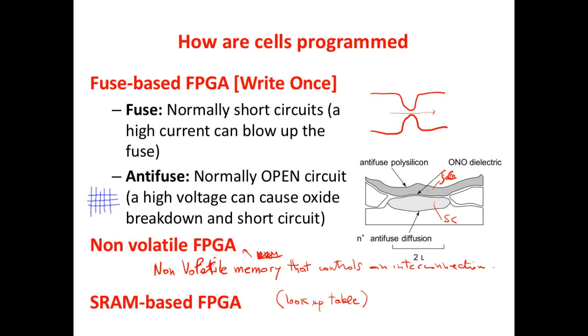And the second option is similar to the previous one, but instead of having a non-volatile bit of memory, you have an SRAM-based FPGA. So in the case of an SRAM-based FPGA, typically what you do is the following.